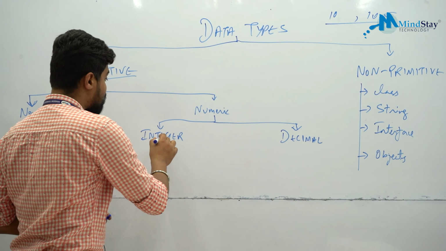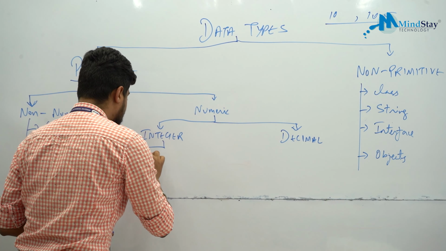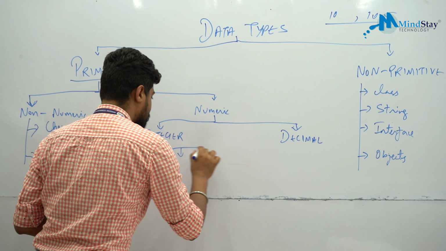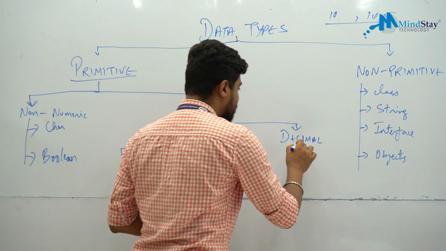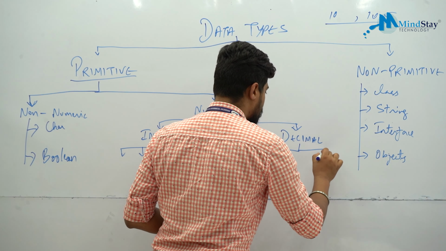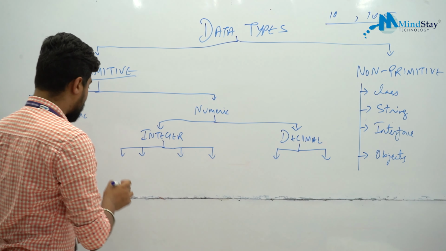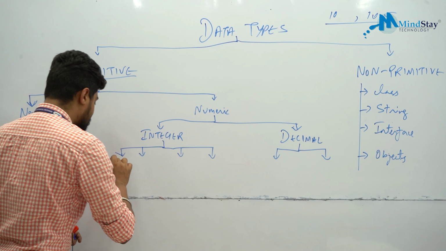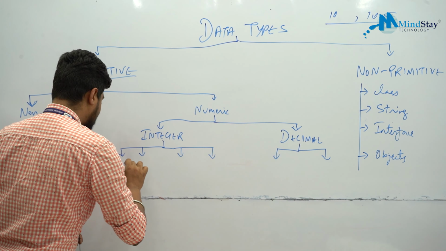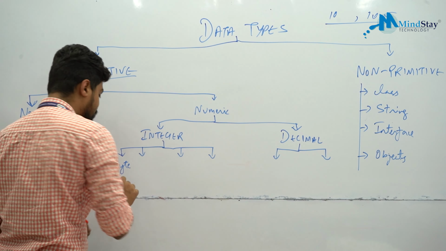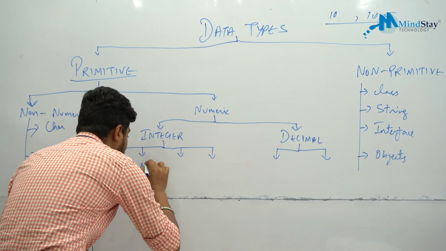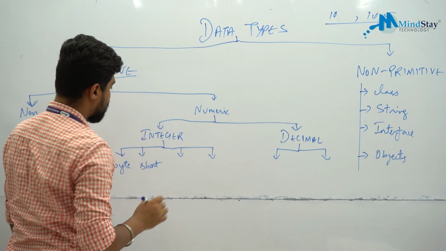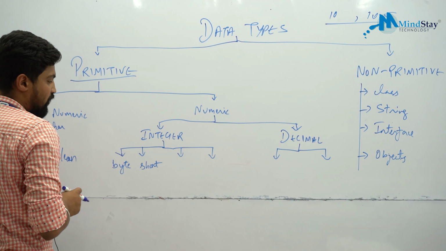Now integer has four data types and decimal has two. The first one in integer is byte. The second one is short.